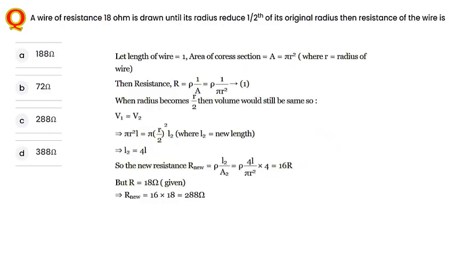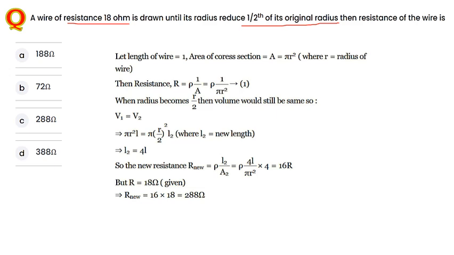Next problem, a wire of resistance, they have given the value 18 ohm, is drawn until the radius reduces to half of its original value, which means once you are taking the wire, you are going to increase the length, at the same time you are going to reduce the radius. So area of cross section reduces, length has increased. In the previous section we have seen the same.